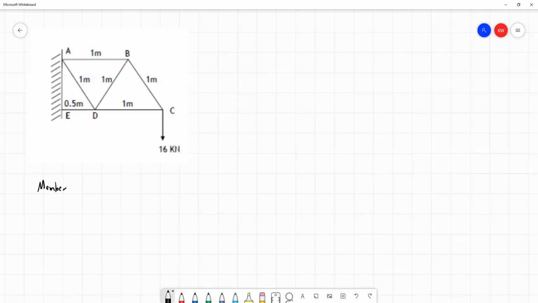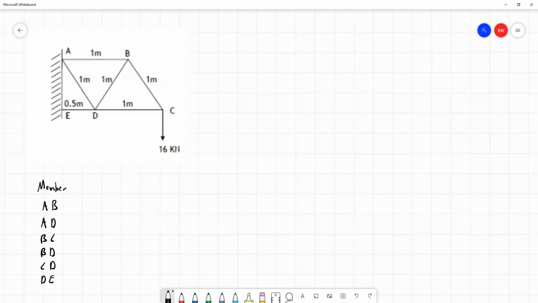We're going to have AB, AD, BC, BD, CD, and DE. And I've just listed these alphabetically as they appear on the table. AE is not a member, that's just a gap between two nodes on the support wall.